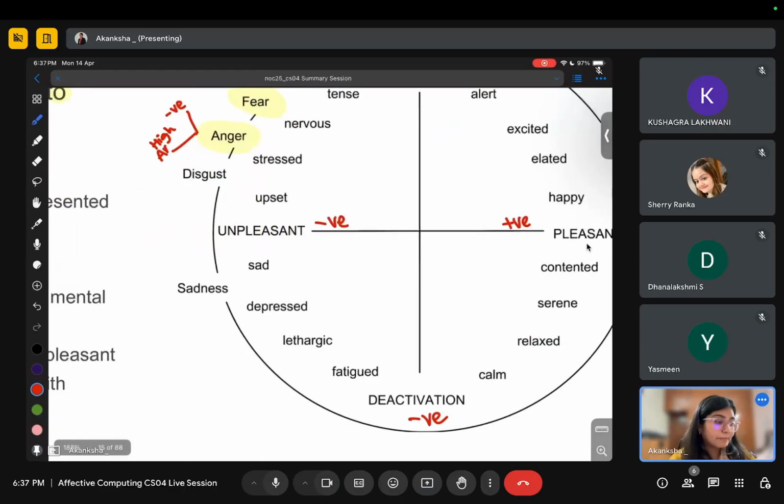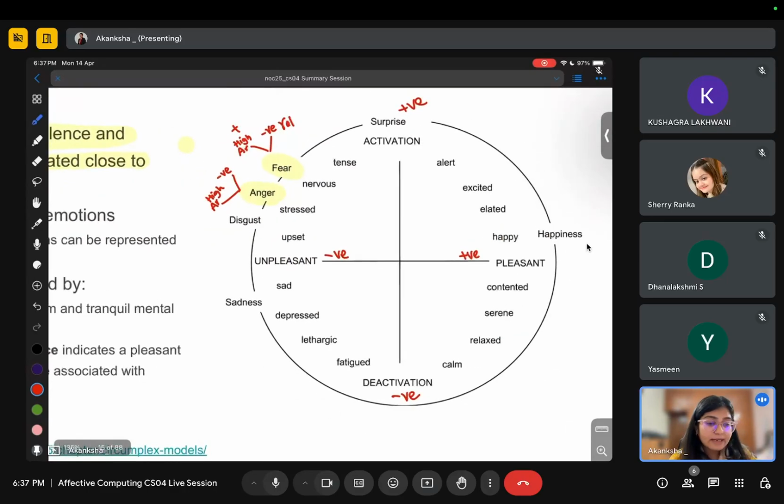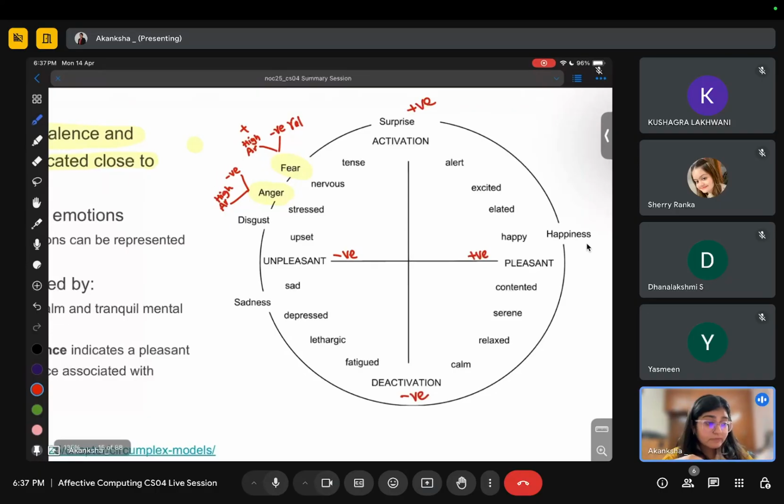Let's see another example. If you want to say sadness, so sad and depressed are kind of negative emotions, right? Both are negative. But are they excited? Like when you are sad, are you excited? No, we are generally calm. We are very calm, but we are negatively calm, right? So the activation is negative or less, so we lie on this quadrant.